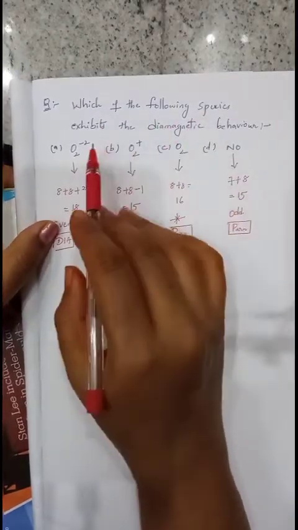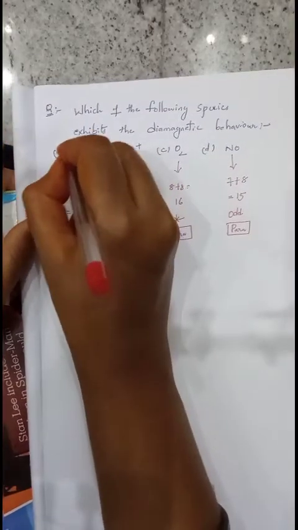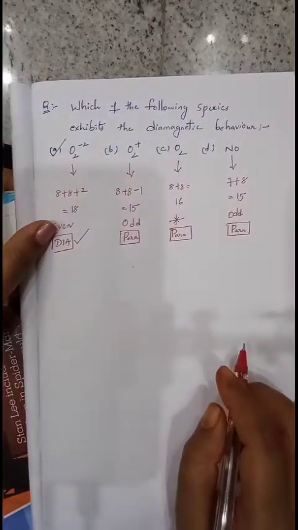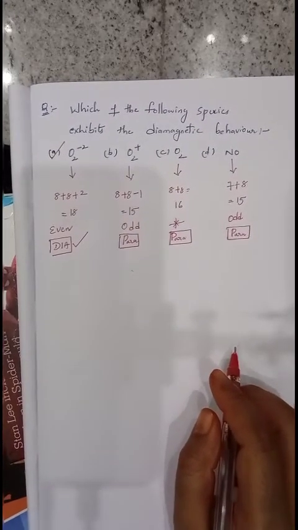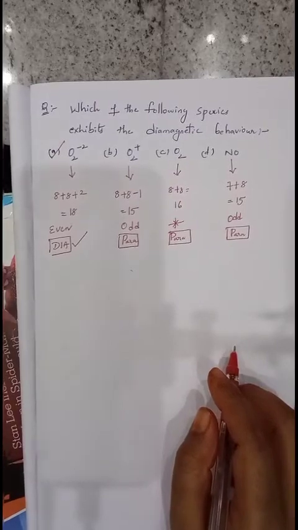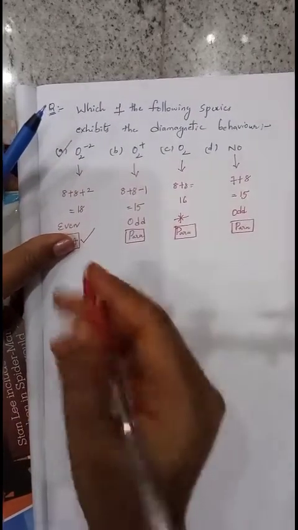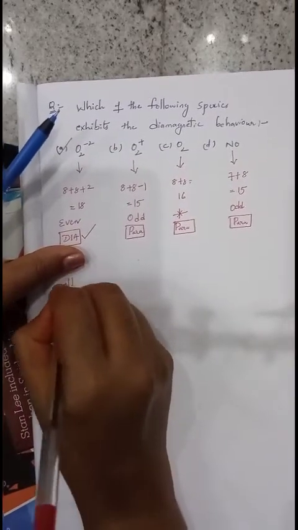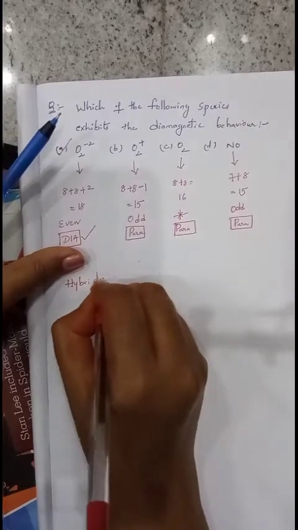Which of the following species exhibits diamagnetic behavior? So that is this option A. Such types of questions will be asked. Understand? So that is about how to calculate paramagnetic and diamagnetic behavior in the species. Now we'll see how to find out the hybridization of a molecule.